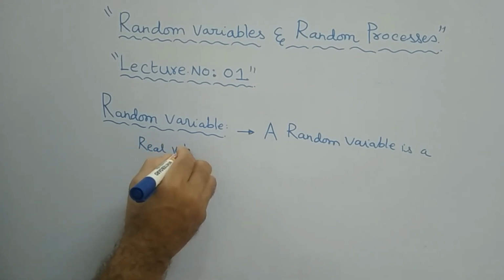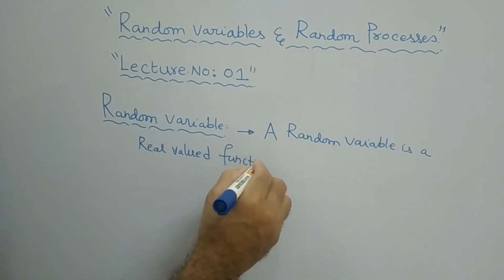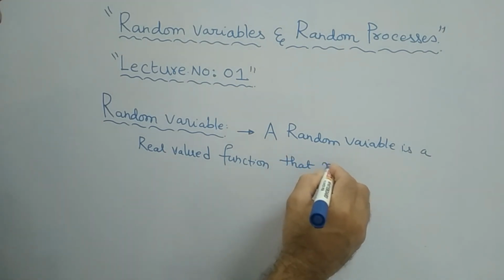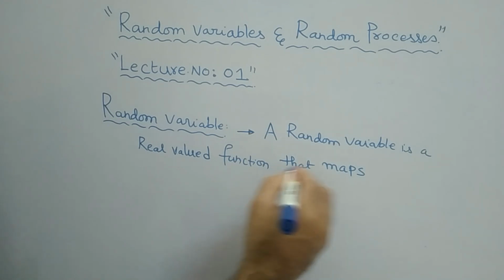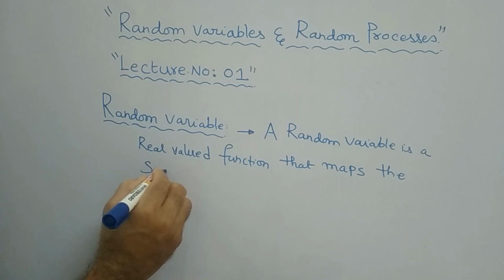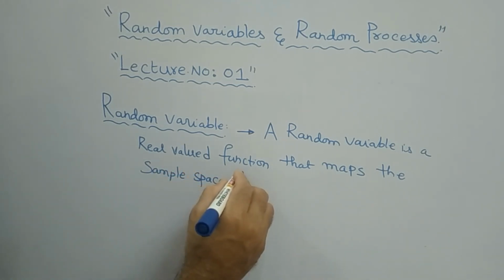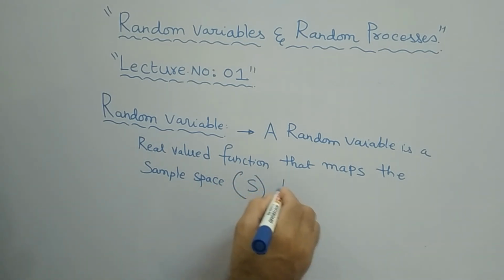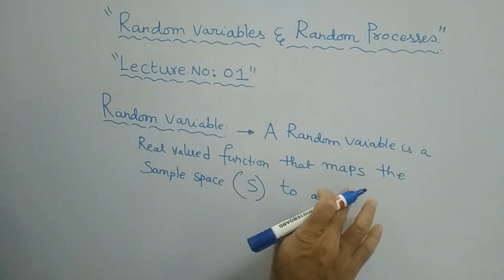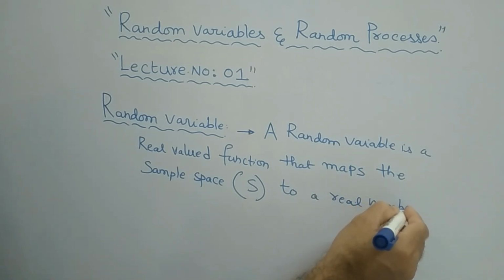First I will explain this real valued function. It is a function basically, and it is a real valued function that maps the sample space, capital S, to a real number.